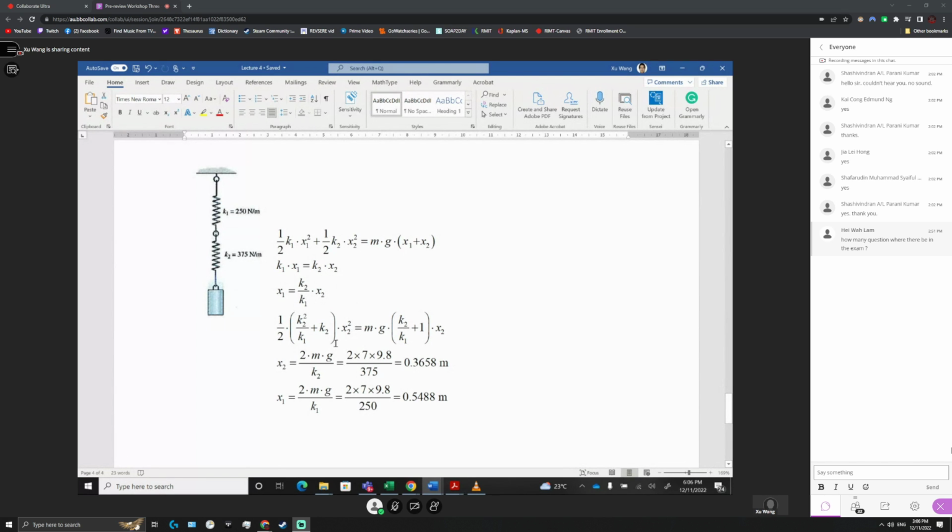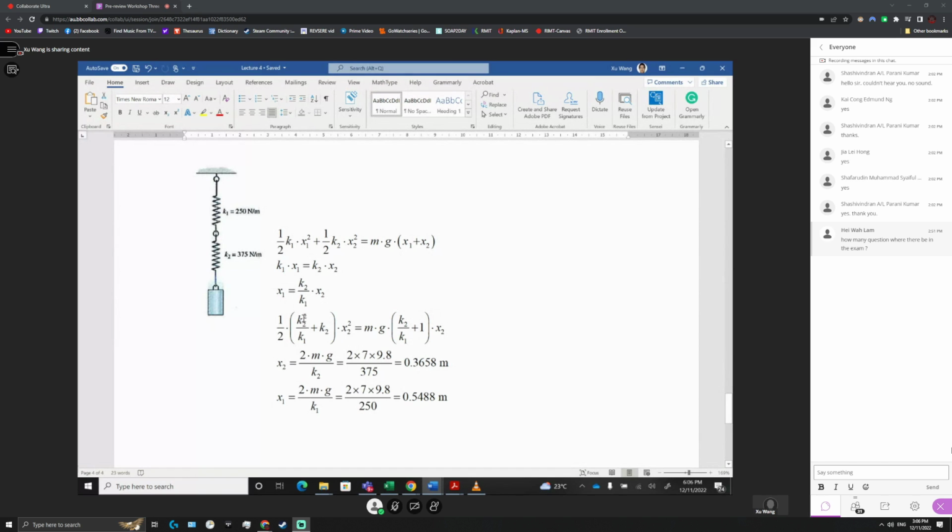Okay, so this one is half of, then you take this k1, put here, take the x2 common term outside, x2 squared as the common term, and then this k1 put here, you take x2 out, because k1 divided by k2 plus 1, this one.